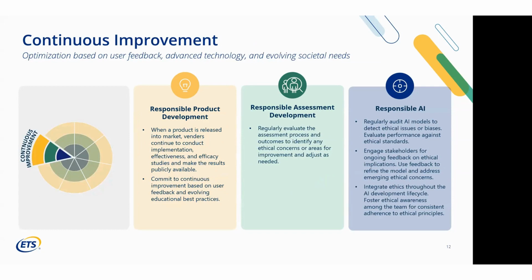When thinking about continuous improvement, as Jill mentioned, it's incredibly appropriate that we're continuing to improve the way that we think about responsible and ethical AI standards, but also, are we continuing to improve how they're being implemented in our products and services?